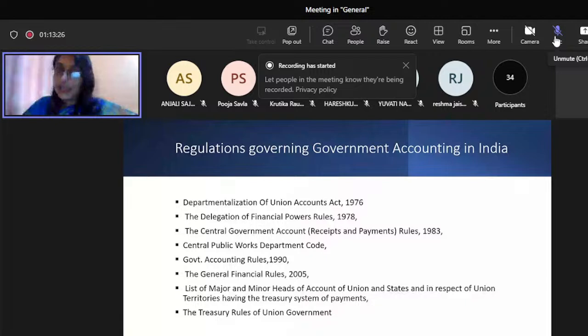Since I have mentioned a lot about the Comptroller and Auditor General of India, let us know who he is. As per Article 148 of the Constitution, he is appointed by the President of India as the principal accounting advisor. It is an independent constitutional body.